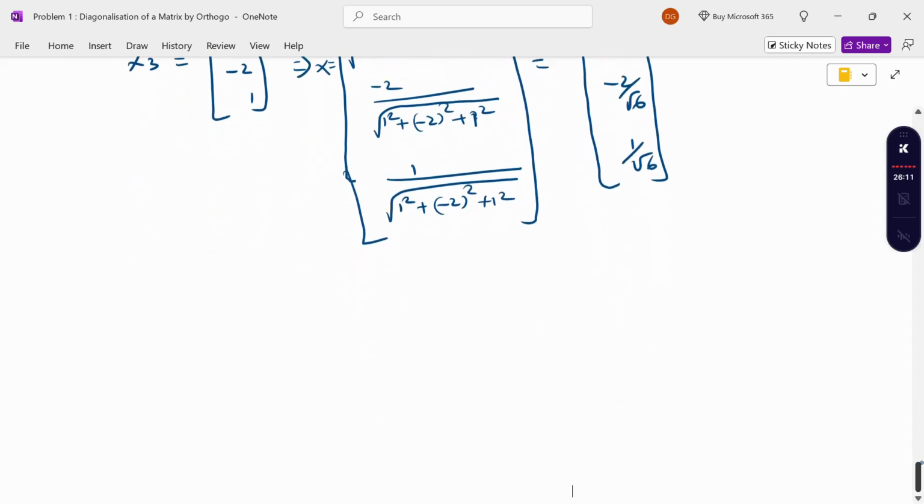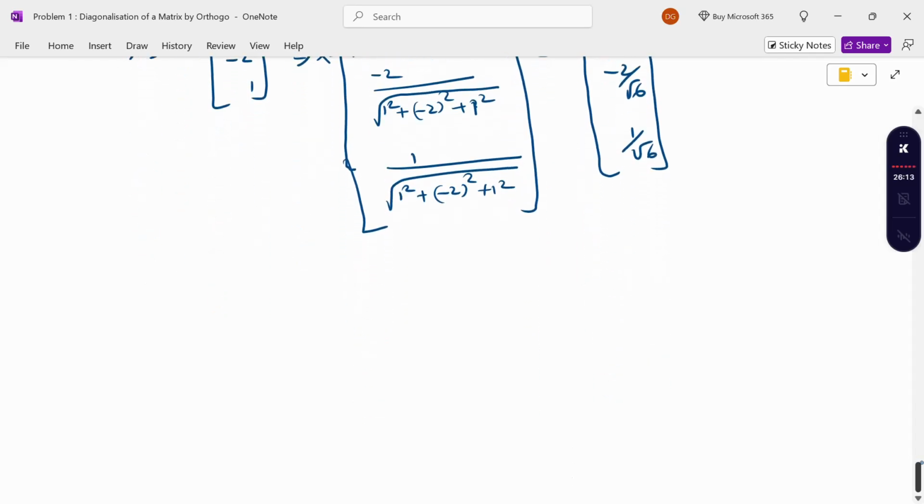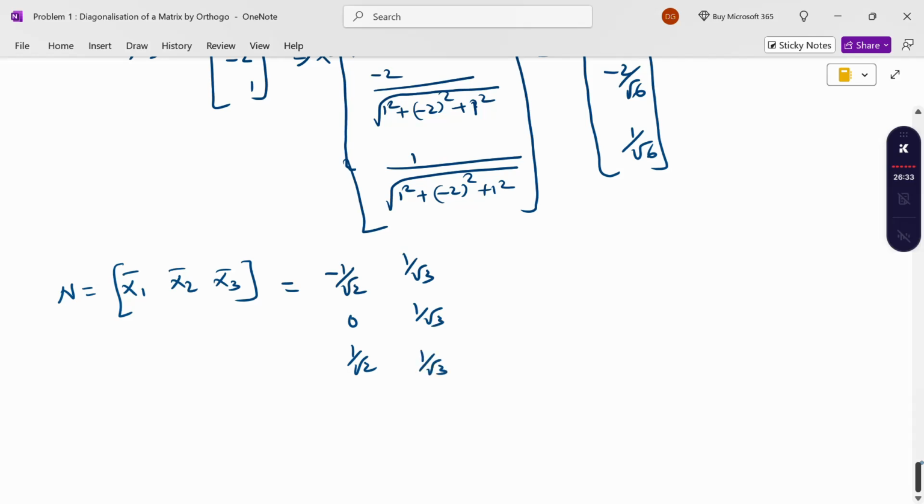Now you combine all the normalized eigenvectors. N is combined normalized eigenvector matrix form. So therefore this is minus 1 by root 2, 0, 1 by root 2, 1 by root 3, 1 by root 3, 1 by root 3, 1 by root 6, minus 2 by root 6, 1 by root 6.